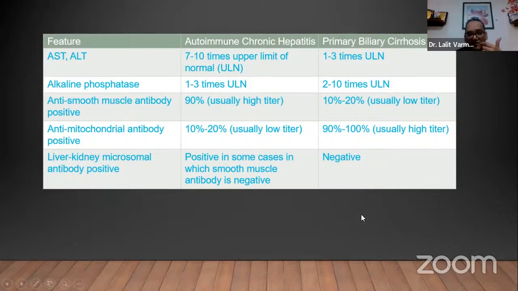The other condition, primary biliary cirrhosis, mostly has AMA, the anti-mitochondrial antibody, positive, and it usually happens in the age group of 18 years and beyond. Mostly when we see it in less than 18 years, it's autoimmune liver disease, purely anti-smooth muscle antibody positive and anti-LKM positive.